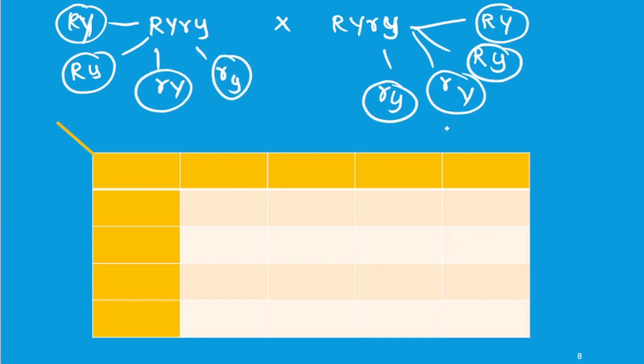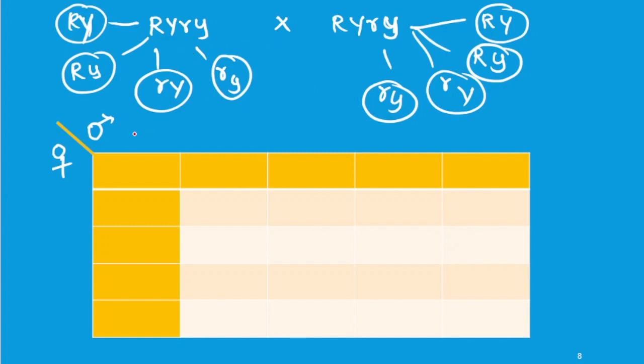Now, putting these in the Punnett square, this side will consist of male and this side will consist of female. So what will you be getting here? I am going to fill in the inside parts.